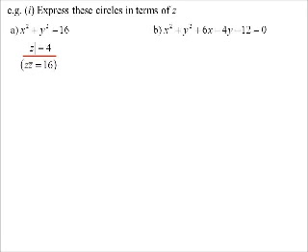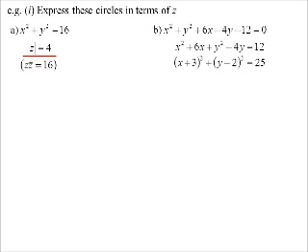So this one here, its centre's been shifted. We're going to have to complete the square to find out where it's been shifted to. So x squared plus 6x, we'll group the x's together, y squared minus 4y, move the 12 to the other side. To complete the square, we add half the coefficient, squared.